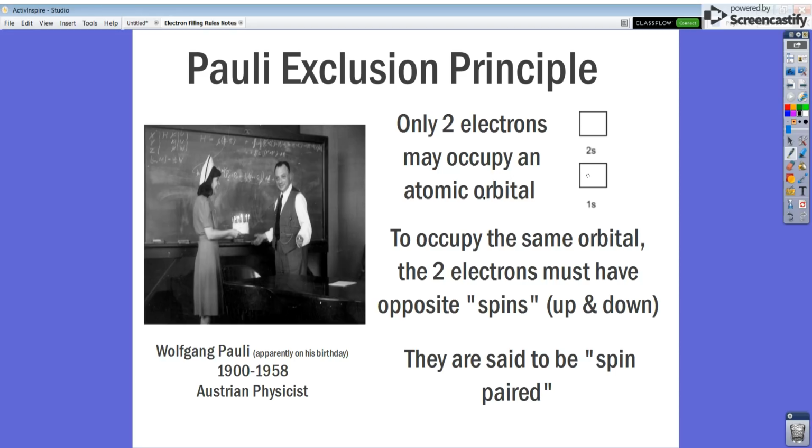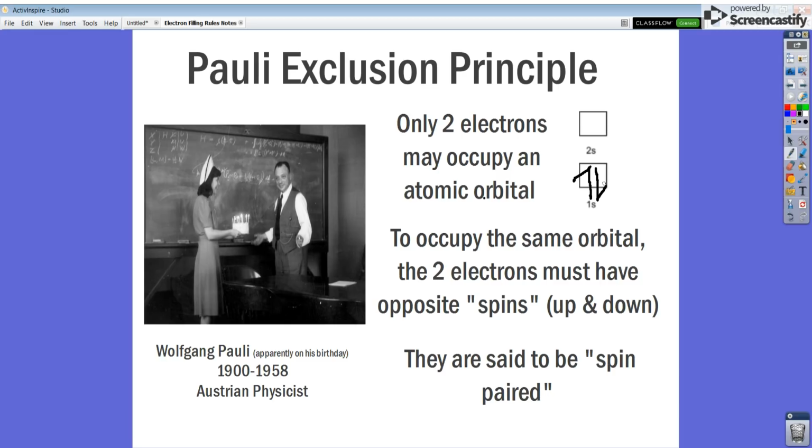We can only have 2. So when we draw them in, we draw them as spin up and spin down. And we draw them with these kind of weird looking arrows that only have half of the tip so that we can draw them next to each other more easily. That's really the only reason we do that.